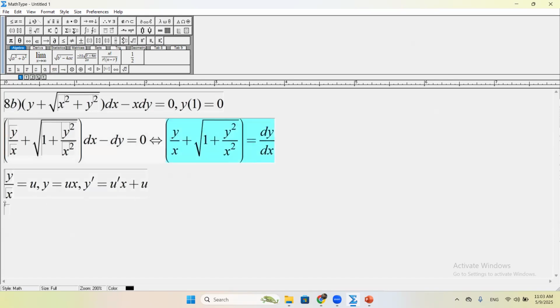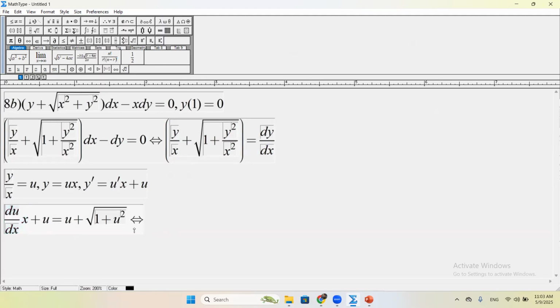So we will do the substitution. So u, okay, let's write it as du by dx. And we will have u plus square root of 1 plus u squared. So it will be simplified.